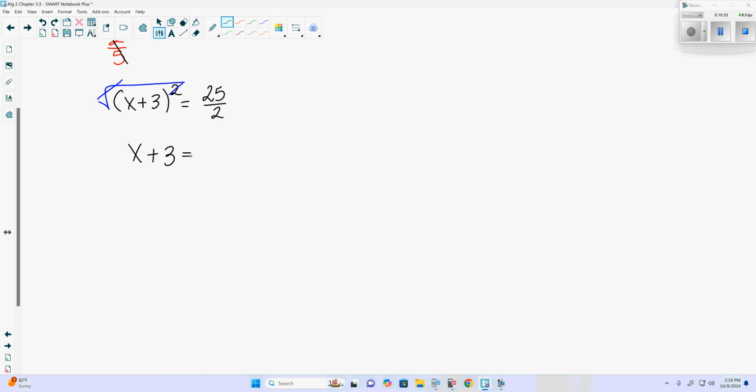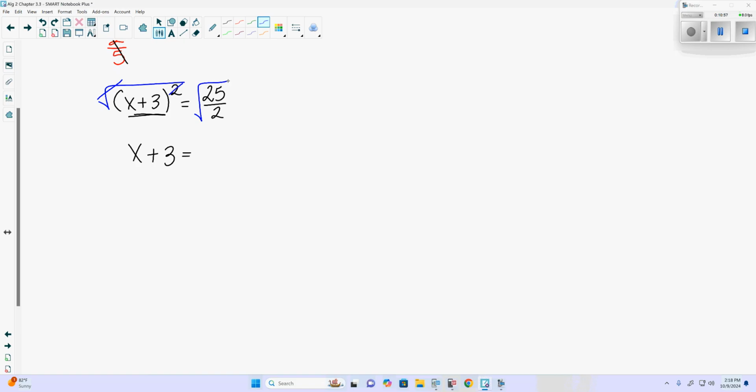Does that make sense? Kind of. Because really we're saying that this x plus 3, this whole term is being multiplied by itself. So the square root of it cancels it out. Because that's the nice thing about squares. Now, what we do to one side, we have to do to the other.